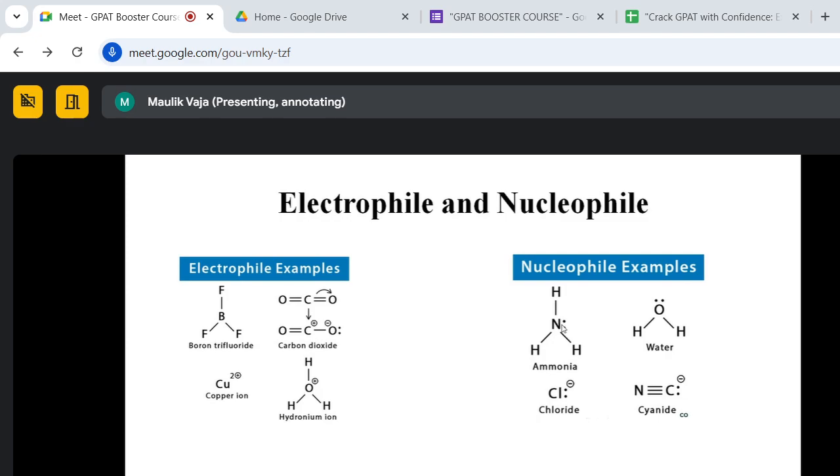In water, oxygen contains excess electrons, and that's why it becomes a nucleophile. So the compound which has fewer electrons or is electron deficient will be an electrophile, and the compound or atom which has more electrons or is electron rich will become a nucleophile.